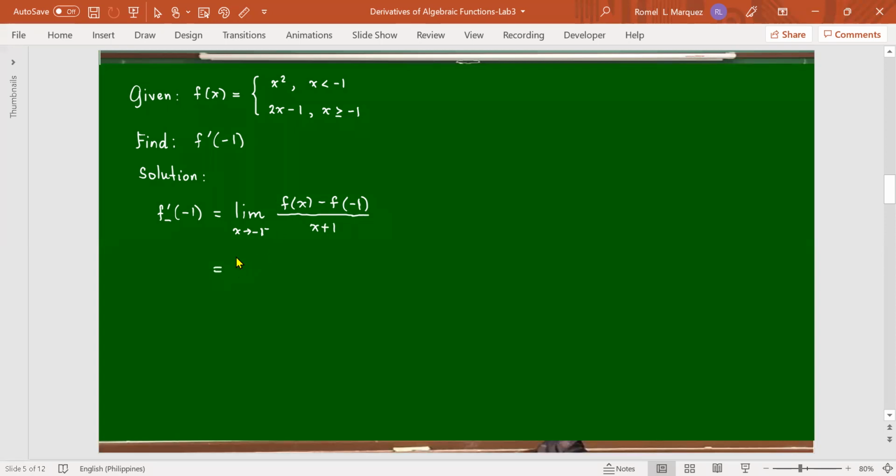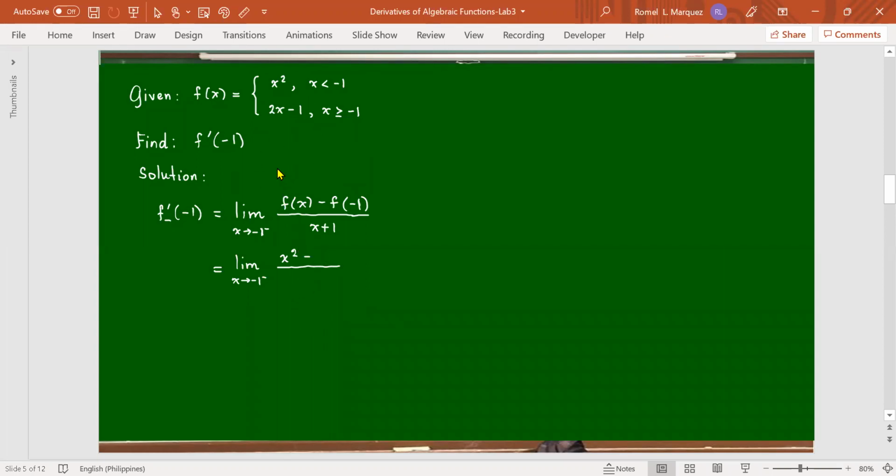What is my f of x if it is to the left of negative 1? X squared, right? What about the value of the function? Take note, this is the value of the function. What am I going to use, the first expression or the second one defining f of x?